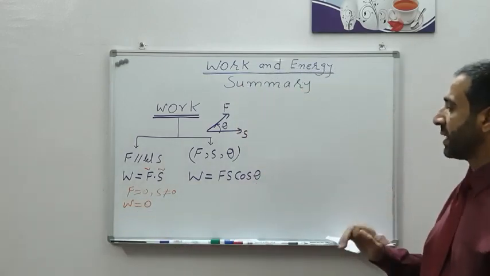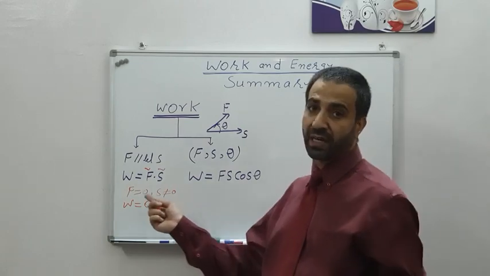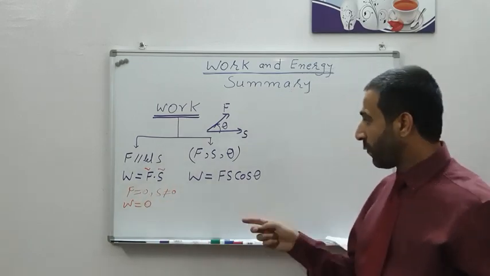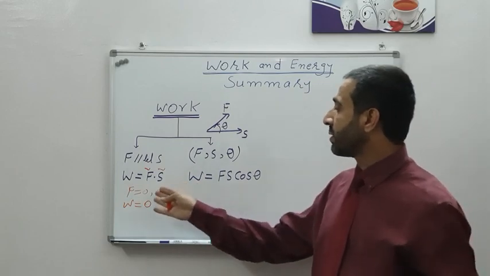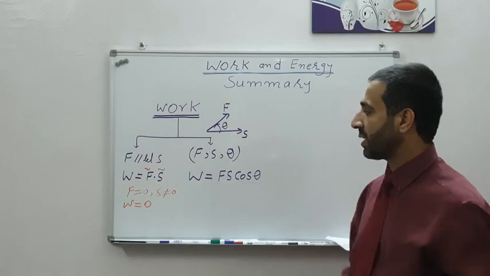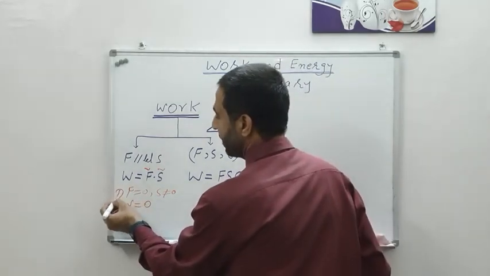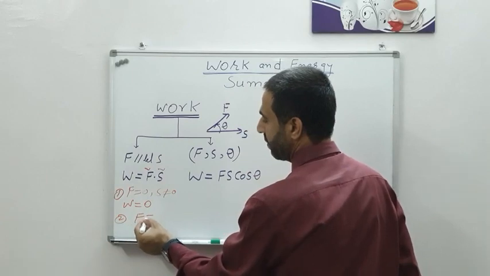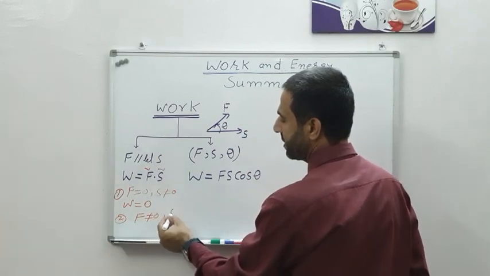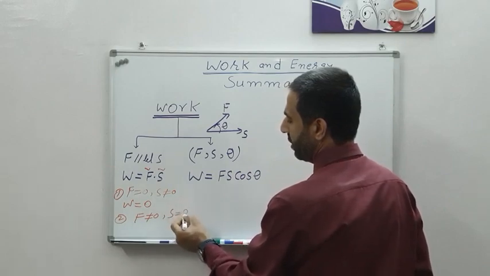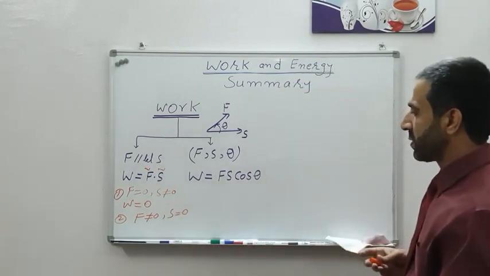For example, if a body moves with a constant speed on a uniform straight road, then there is displacement, but there is no force acting on the system and the work done is zero. That is one case. Then if the force is not zero but the displacement is zero, look, your displacement is zero and force is not zero.